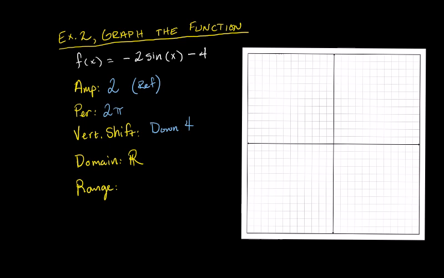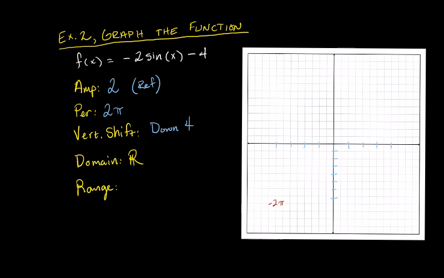So here we go. Let's make our x-axis. Let's go by 2's again. We know it's going to end at 2 pi. We're going to make our y-axis go by 1's though. Okay. And we're going from -2 pi.